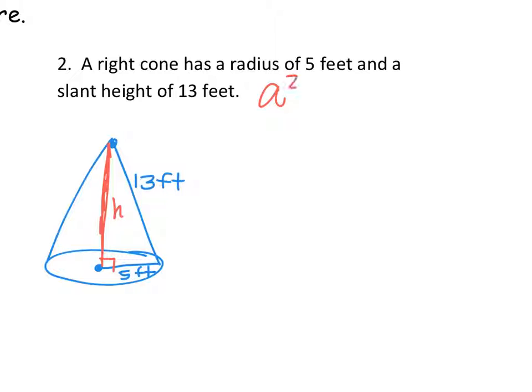Pythagorean theorem. 13 is c. You only have to do this if you're given a slant height and need to solve for the height. So we put 5 squared plus h squared equals 13 squared, and solve.